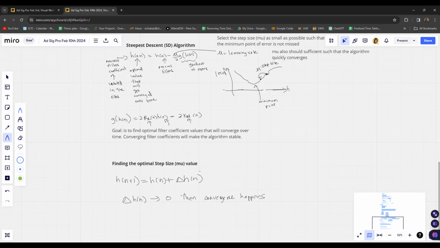Right? So the algorithm will converge once the values of Hn and Hn plus 1 are equal.